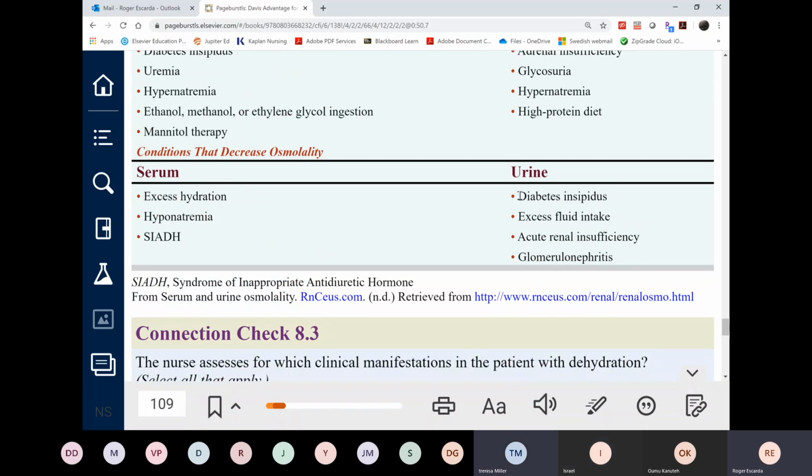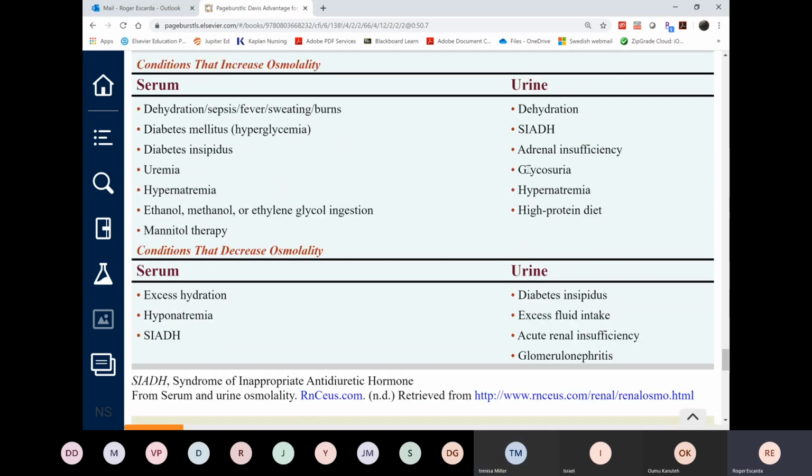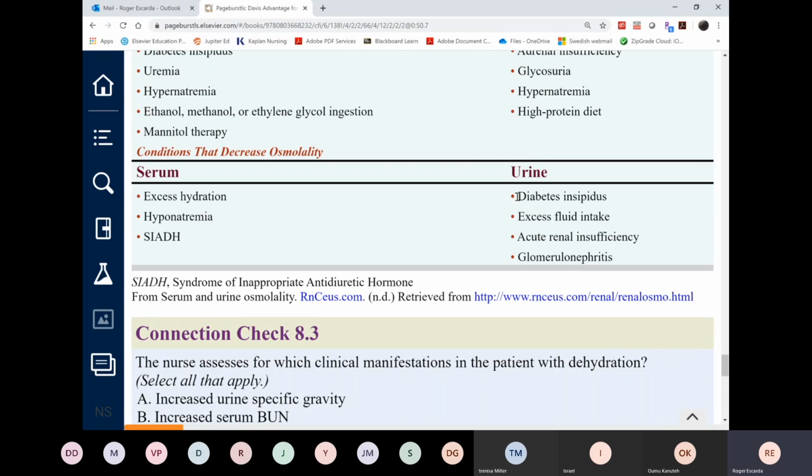Why is the urine in a very dehydrated diabetes insipidus patient very dilute? Because this is the opposite of SIADH. In SIADH, you have a high level of antidiuretic hormone, causing your body to reabsorb a lot of water, so very little urine is produced. Here, it's the opposite. This is a very dehydrated patient because this patient won't stop peeing.